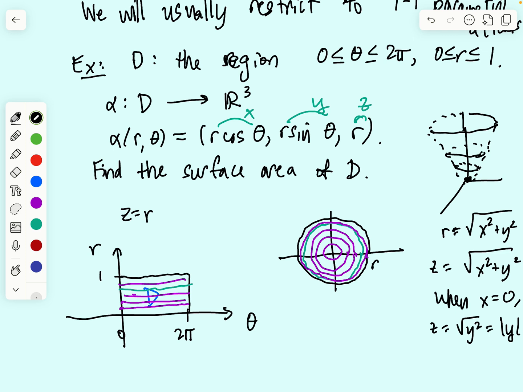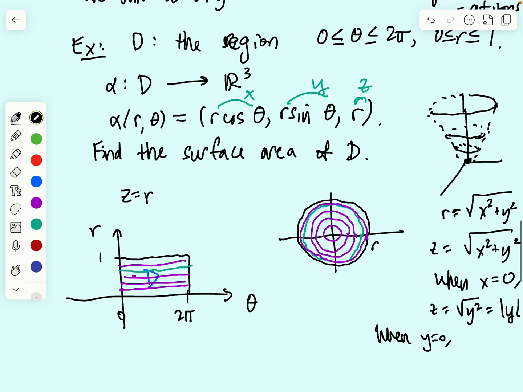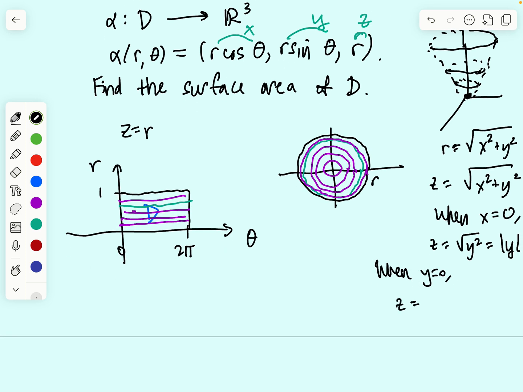So when you slice this surface with the plane x equals 0, you're supposed to get an absolute value function. And it's the same when y is 0. When y is 0, you get z is the square root of x squared, and that's the absolute value of x, which is also an absolute value function. So it makes sense that you get a cone. Okay.